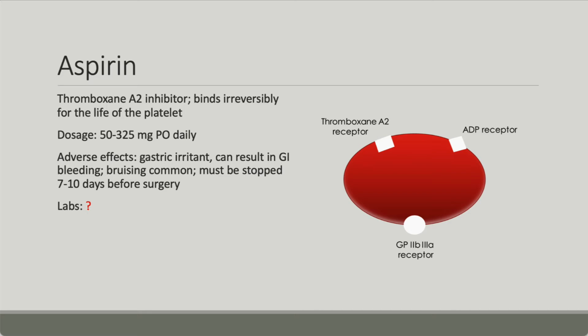So, since you know that the platelets live for 120 days and your body is always turning over new platelets, it should not be a surprise that we have to wait a significant period of time before that effect of the antiplatelet agents goes away, right? In this case, we can safely operate on somebody after 7 to 10 days because there's enough new platelets that haven't been poisoned by the aspirin that have shown up.